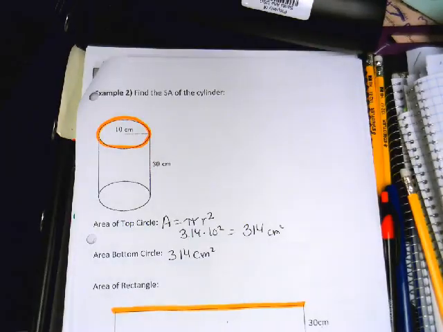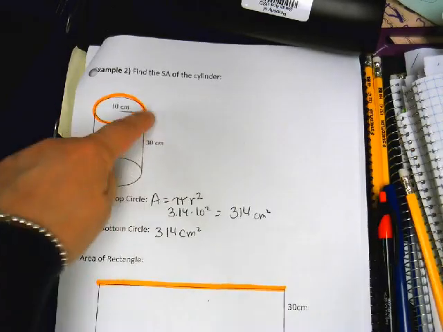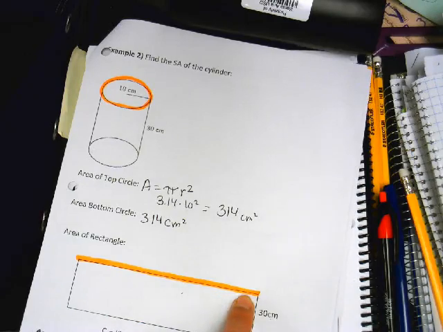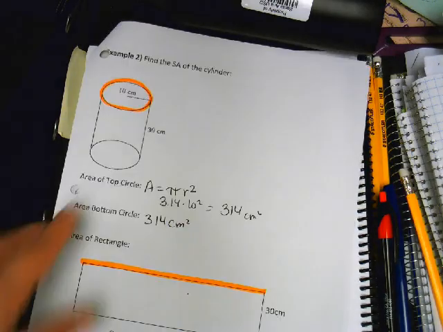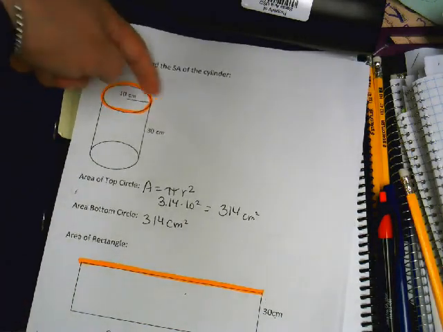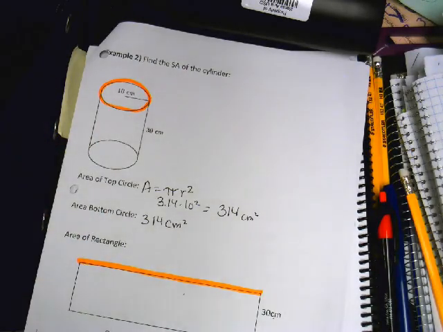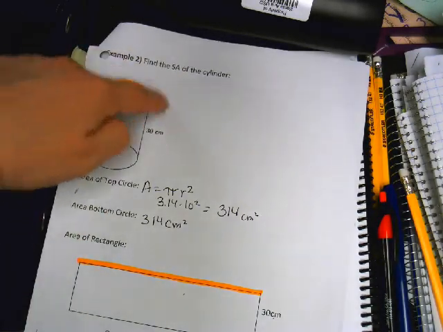So your eyes can see it if you don't understand it. This round part is this when we lay it flat. So in a circle, this is called the circumference. It's kind of like perimeter, but it's not because it's a circle. So it's going around the circle.